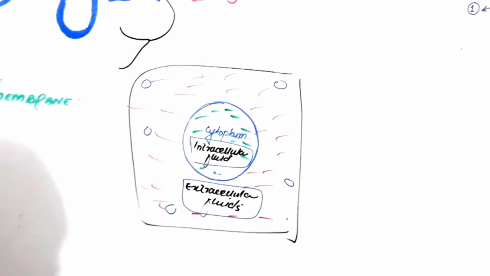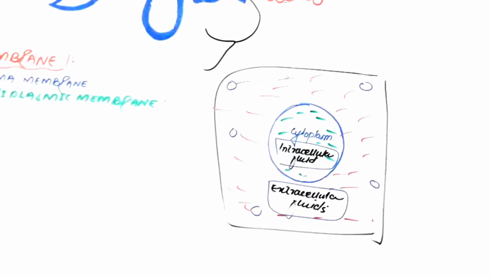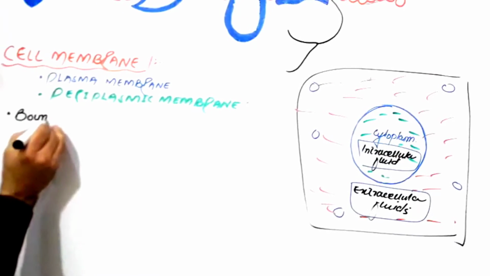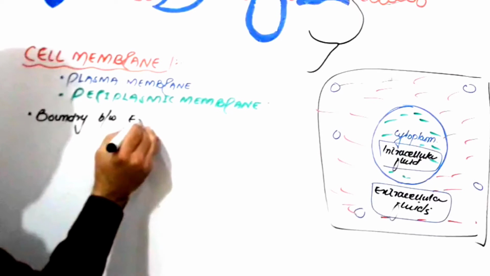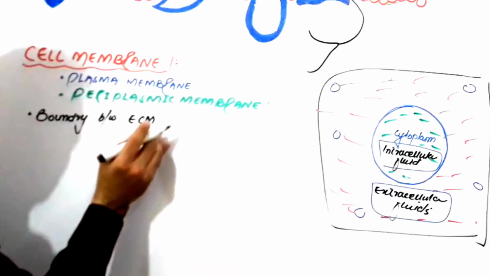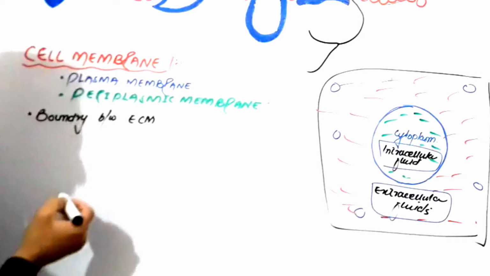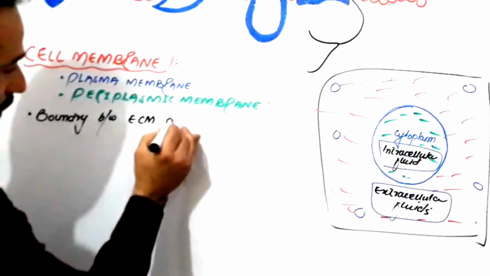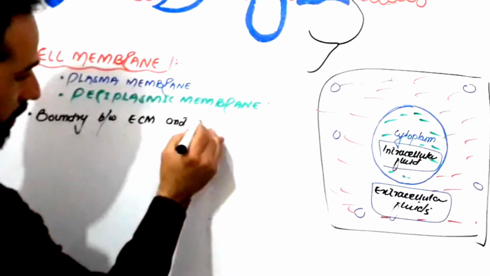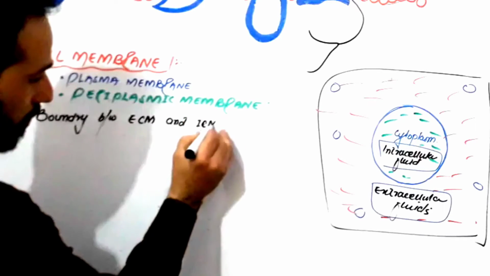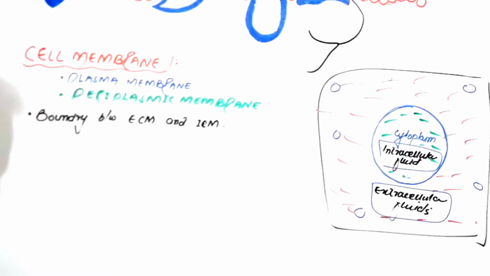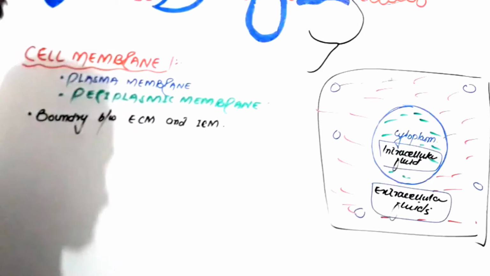What is the cell membrane? Let me define it. A boundary between ECM, extracellular matrix, and intracellular matrix or intracellular fluid.